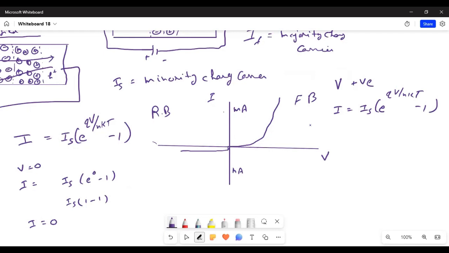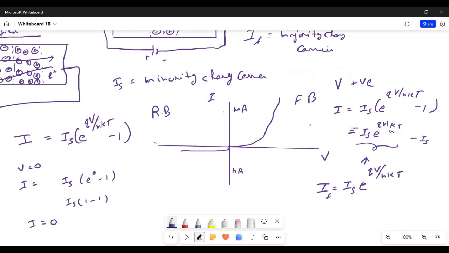Basically, this exponential proportion will be very big compared to the minus 1, because it is an exponential function. So in forward bias, we can say the current is as good as I equal to Is e to the power qV by kT.